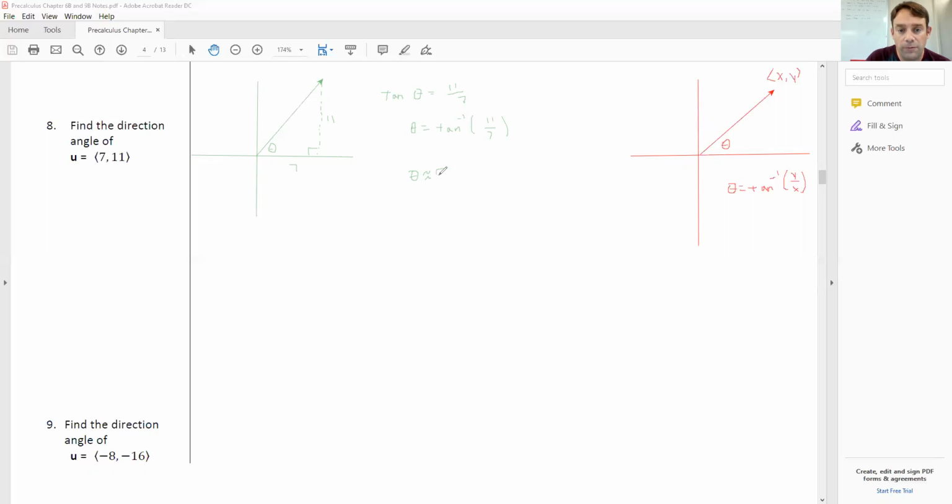Be about 57.5288 degrees. So that means my directional angle is approximately 57.5288 degrees.